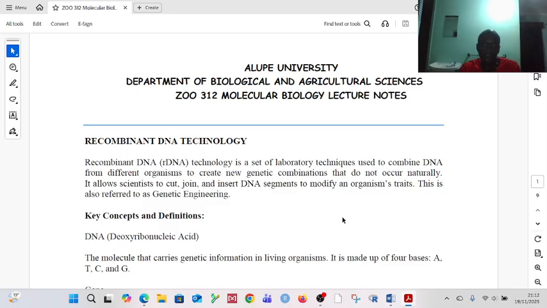So what you are creating is a new genetic combination which ordinarily will not occur in nature. Such a process in which you combine DNA from different organisms is what we call recombinant DNA technology.